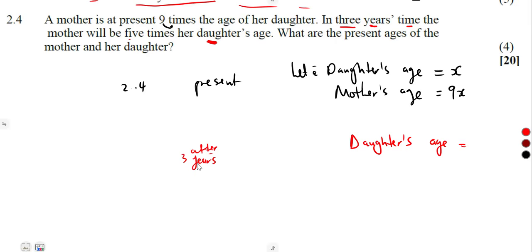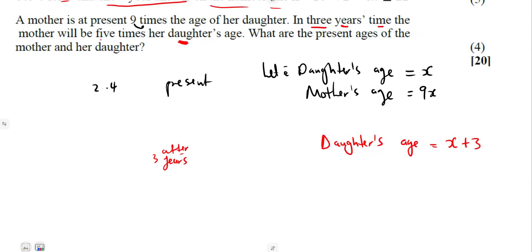3 years later, it is easier because we just take this x and add 3. 3 years later, add 3. So if it is x, 3 years later it is x plus 3. So this is the daughter's age 3 years later.